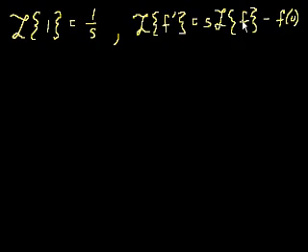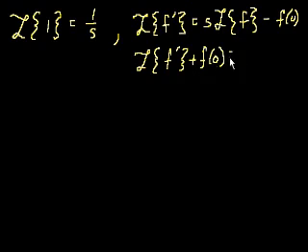Or another way, let's rearrange this. If we know f, how can we figure out its Laplace transform in terms of f prime and f of 0? So let's rearrange this equation. The Laplace transform of f prime, I could write of t, but that gets monotonous, plus f of 0 is equal to s times the Laplace transform of f. Divide both sides by s, and I'm also going to switch the sides.